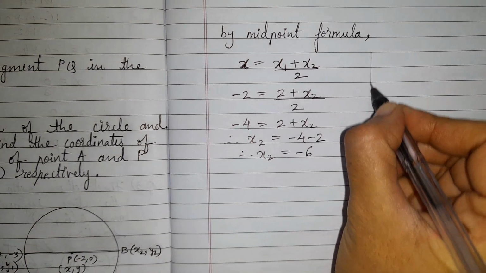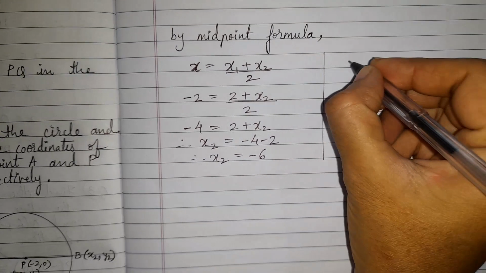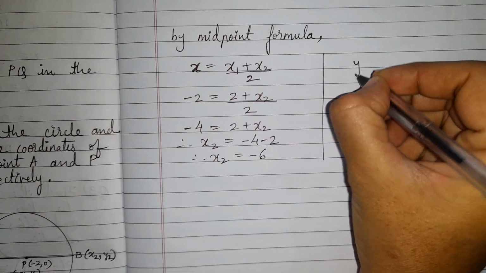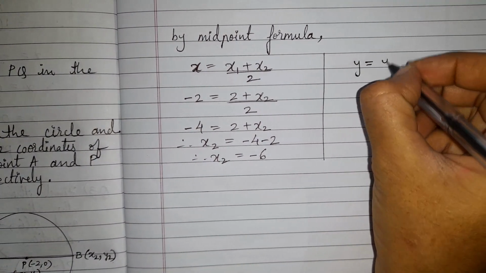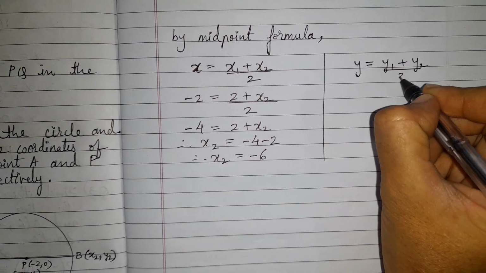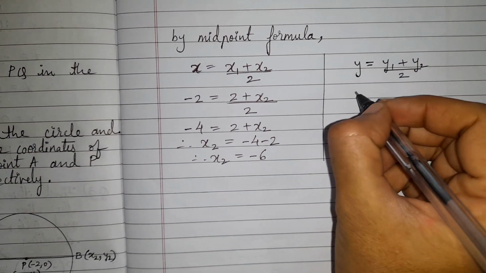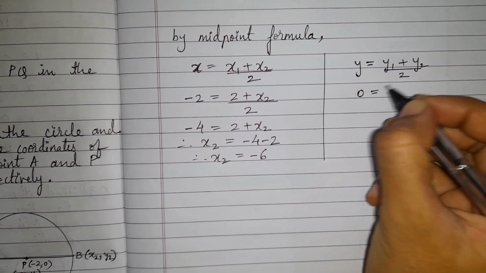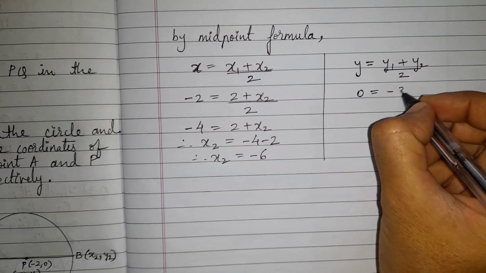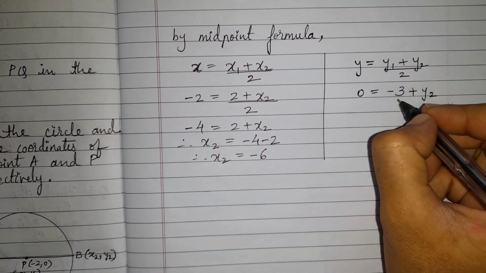We find the y coordinate now. y equals (y1 + y2) by 2. y value is 0 equals (y1 is -3 plus y2) by 2.